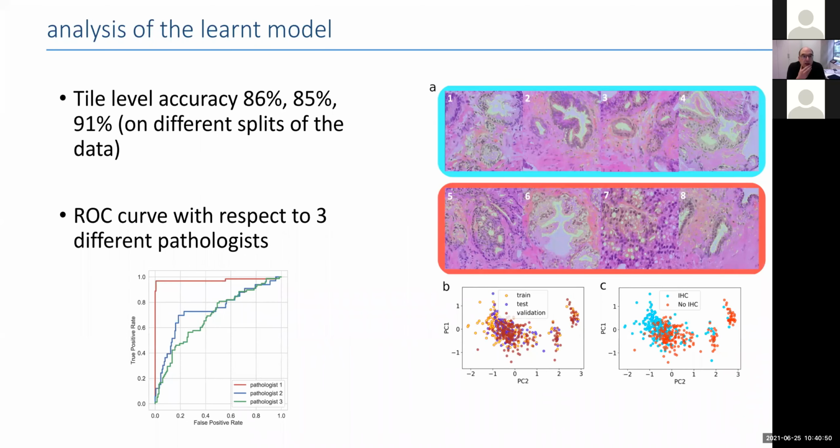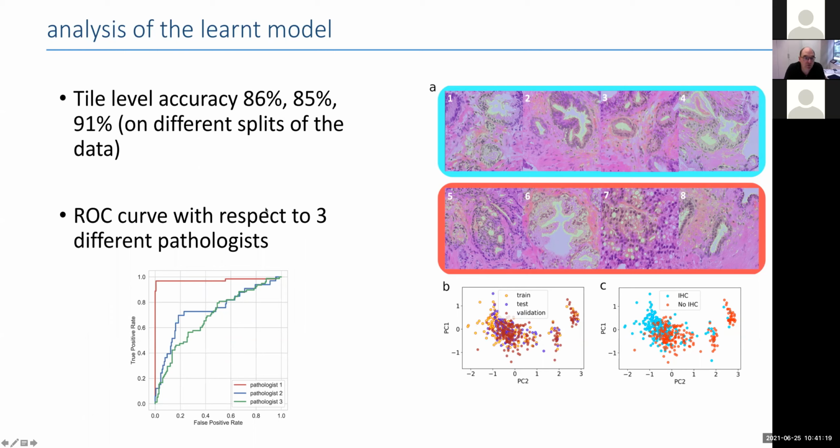And in terms of the analysis of the learned model, the tile level accuracy ranges from 86, 85, and 81% based on the different splits of the data. Here you see the visualization of what areas of the tissue influence the decision whether the slide is ambiguous or non-ambiguous.